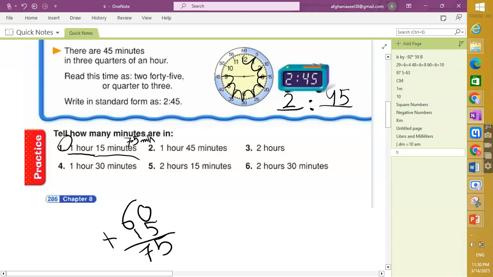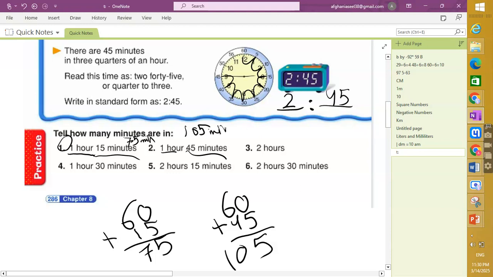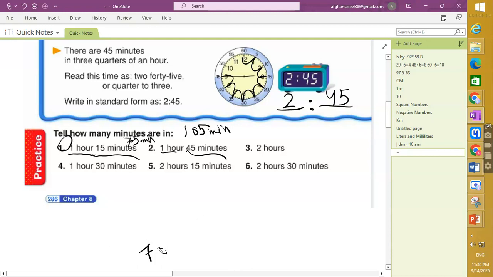What about number 2? You have 1 hour and 45 minutes. We said 1 hour means 60 minutes, and 45 minutes will be added to know the total. 0 plus 5 is 5, and 6 plus 4 is 10. So here I have 105 minutes. Amazing job. What about 2 hours?